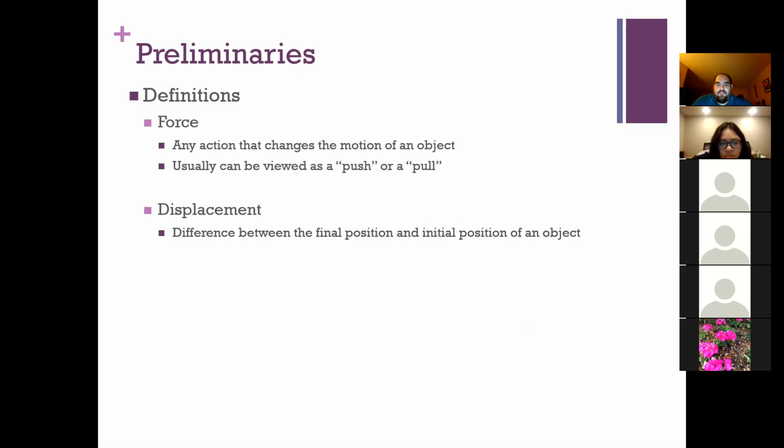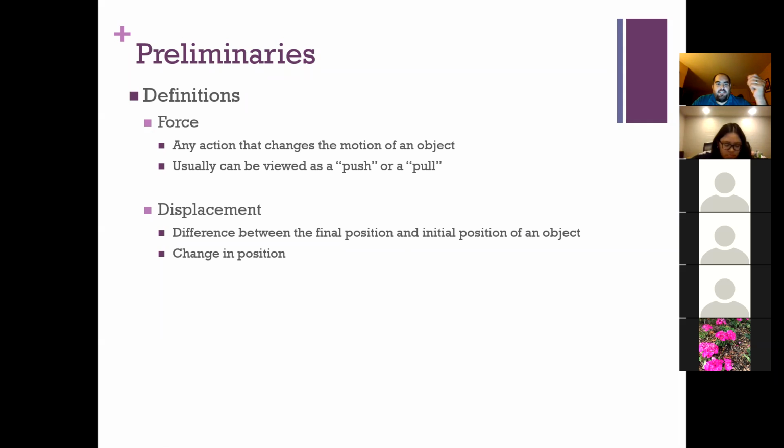If I call the origin 0, and let's just say I only care about the x direction, then my separation to the right of that would be a positive displacement. My separation to the left of the origin would be a negative displacement. And I'm doing that all in reference to x equals 0.